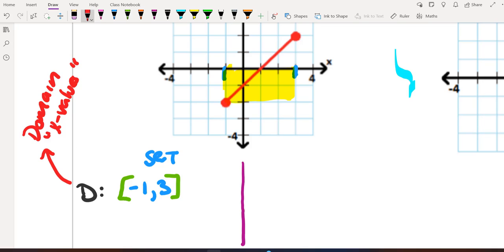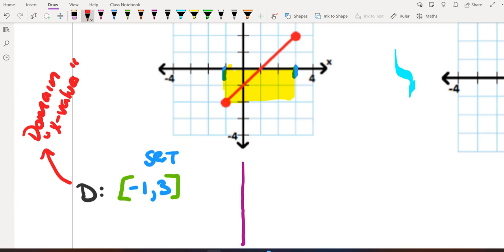So, translating this into normal English, our x values for our graph are between -1 and 3. We include the point -1 and we also include the point 3. Right? That's all that information in this tiny little statement.